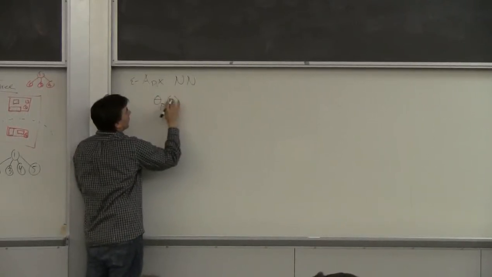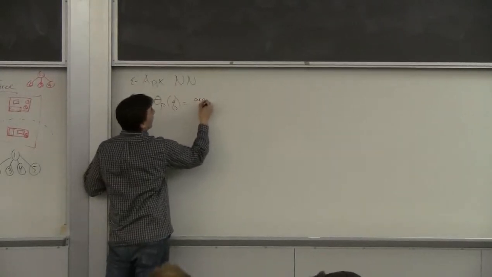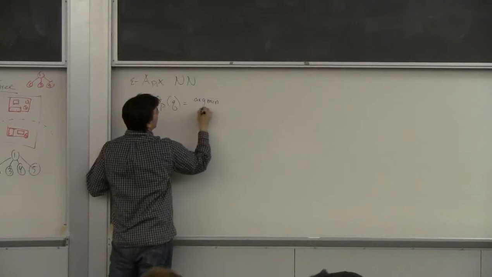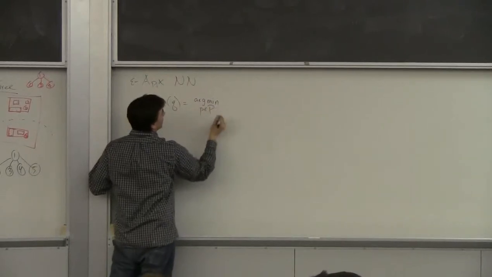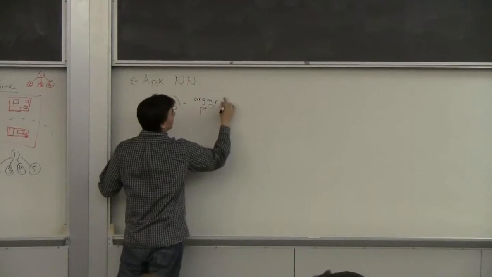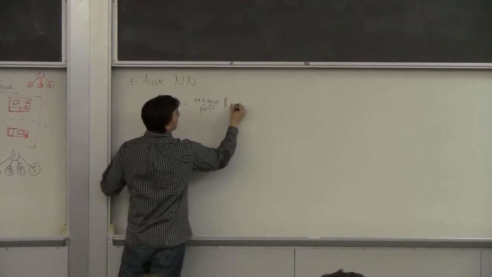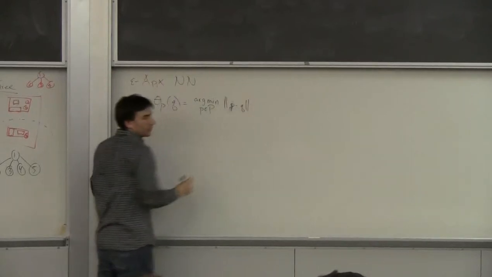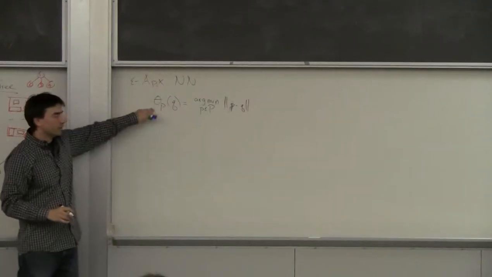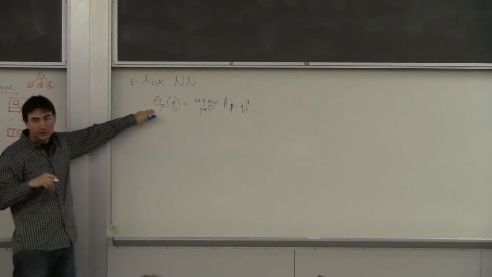So let's define this function phi of Q, for a query point Q. This is going to be the arg min over P in the set P, our data set, of the distance between P and Q. So this is the minimum, what we would like to find.